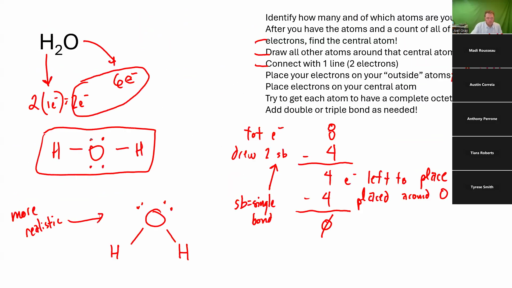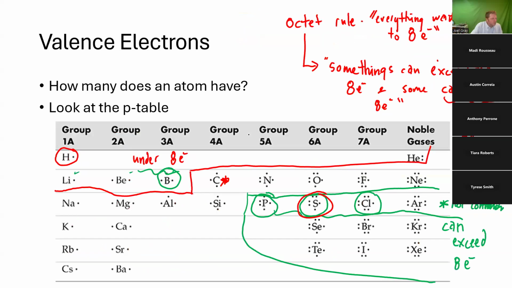Now, next up is ClF3. Okay, how many chlorines do we have for this molecule? How many fluorines? Now, if you look at the periodic table, you will see that chlorine and fluorine are in the same column.